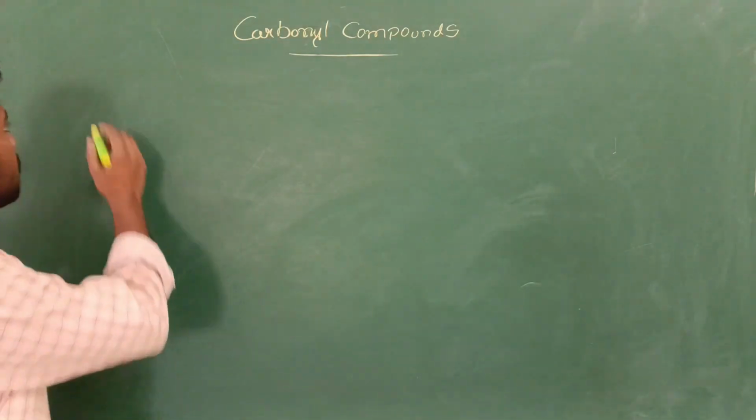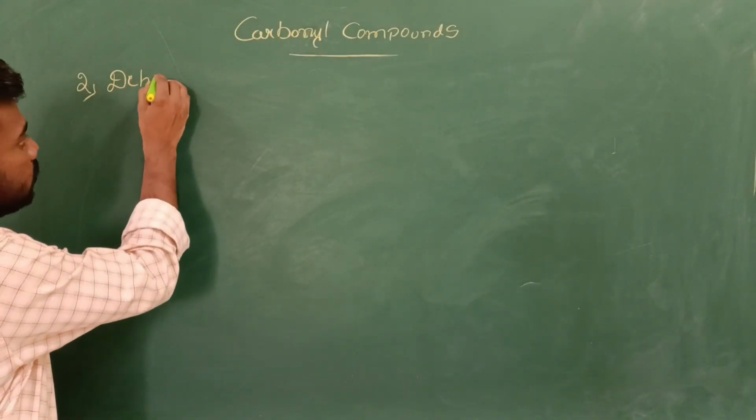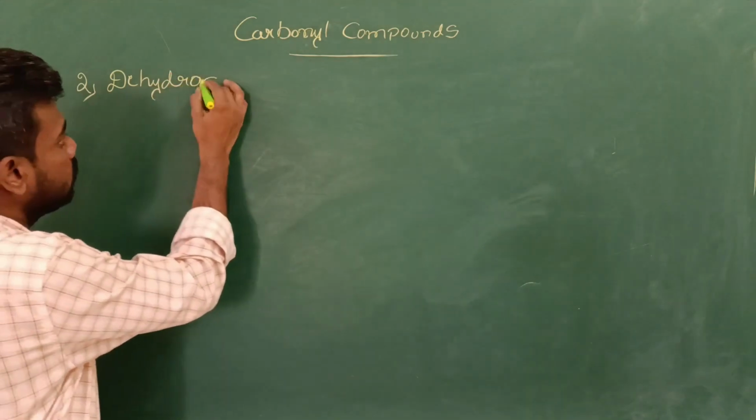Next one is dehydrogenation of alcohols. Aldehydes and ketones can also be prepared by dehydrogenation of alcohols.